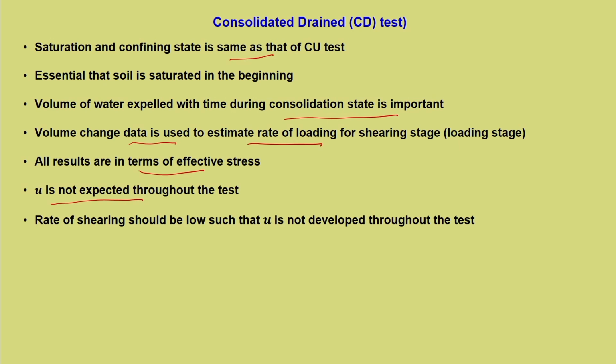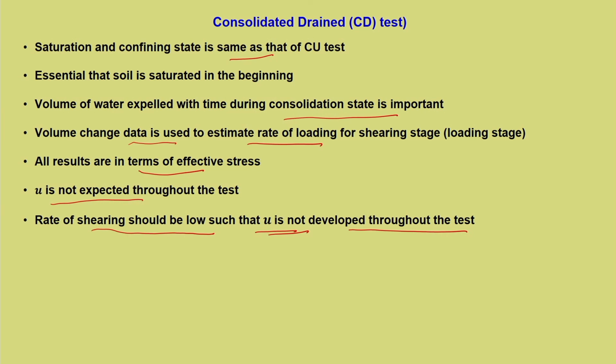Now, this also affects the time required for conducting this test. Why? Because the rate of shearing should be low such that pore water pressure is not developed throughout the test. We have already seen in the previous lectures that if the rate of loading is higher, then there can be pore water pressure even though the permeability of the sample is more.